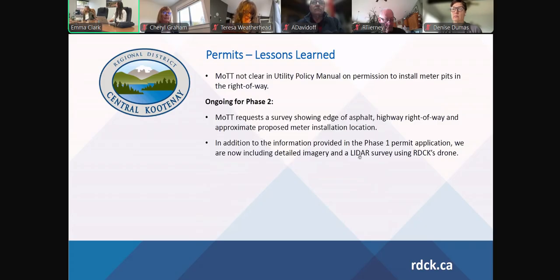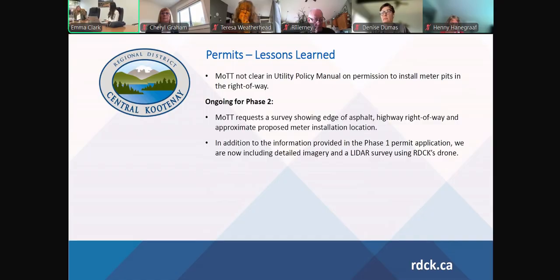Quick question. I assume this is all being mapped in GIS as well in terms of infrastructure. Is that an automatic thing? Through the chair, yes, part of this permit is that if it is in the road right of way, we will have to go after the installation and do a quick GIS survey and provide that information to the Ministry of Transportation.